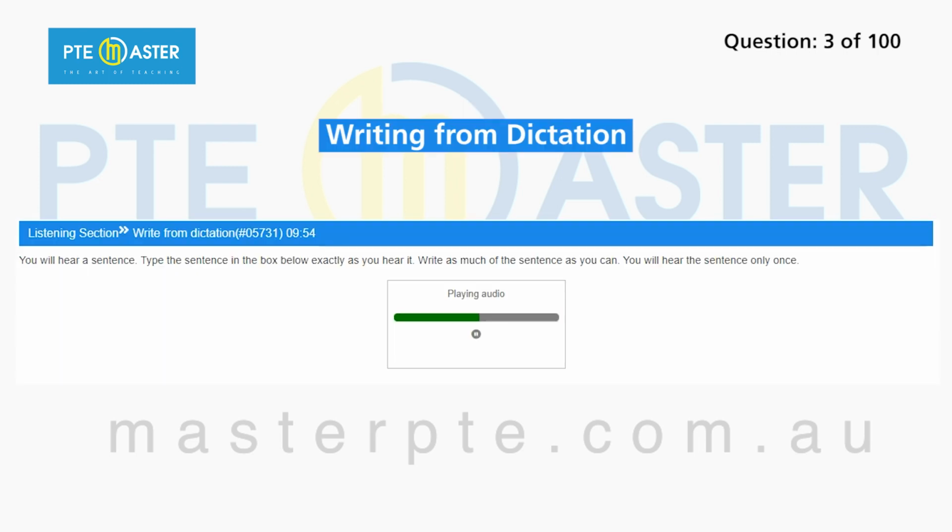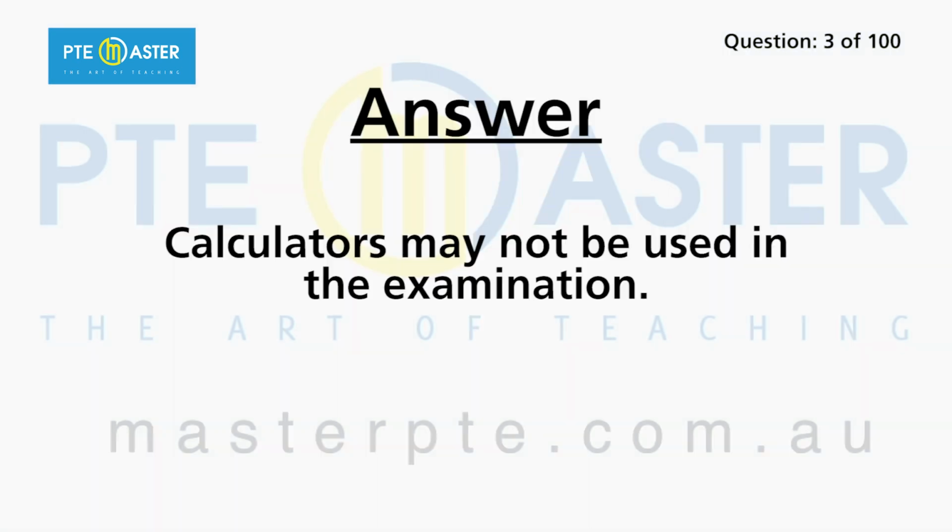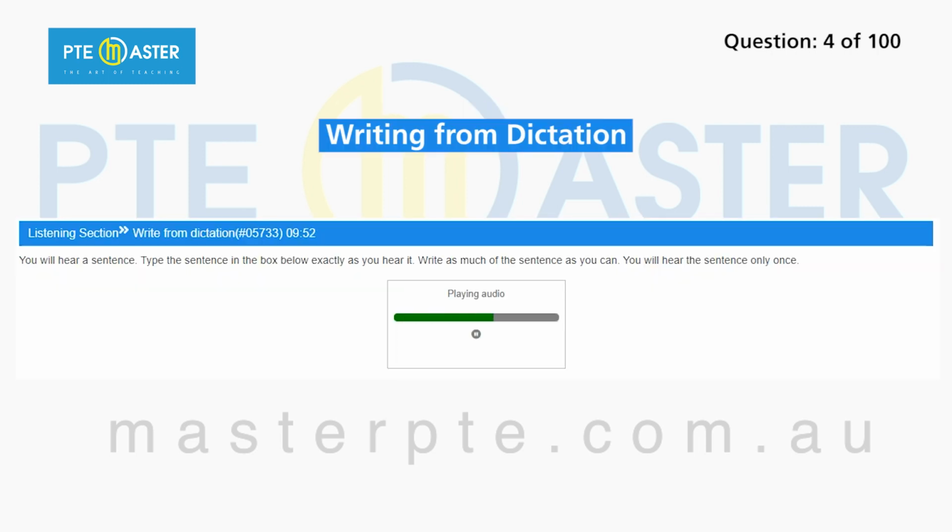Calculators may not be used in the examination. Restrooms are down the entrance and to the right.